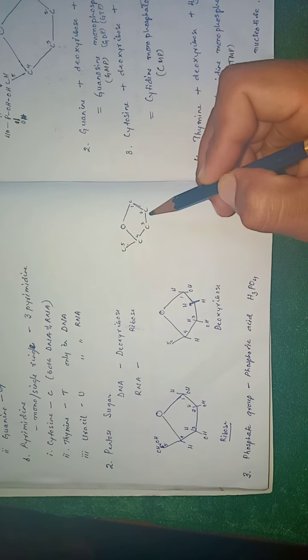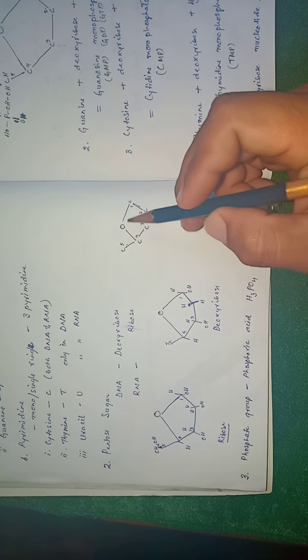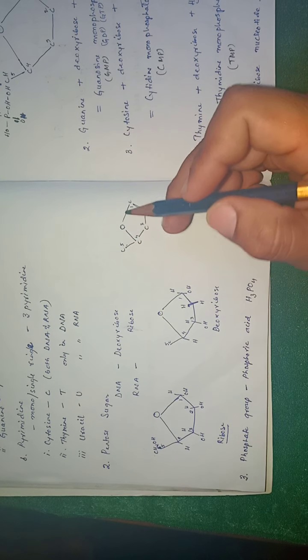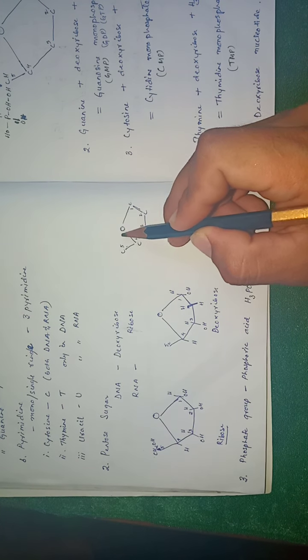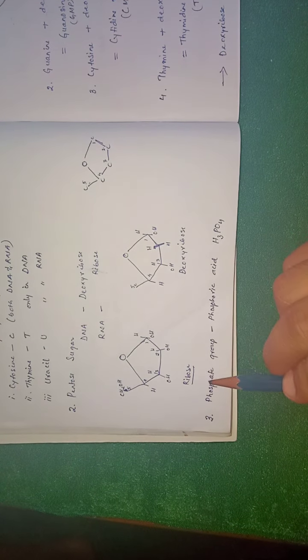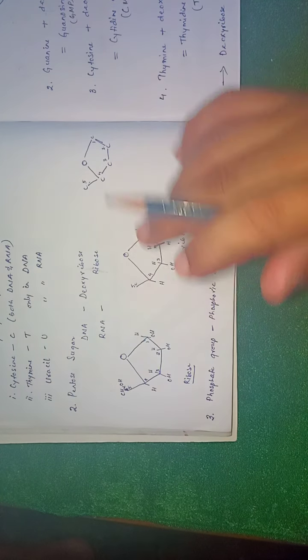So 1, 2, 3, 4, 5. This is the pentose sugar containing 5 carbon atoms, and at the top it has oxygen. Now if we look at the structure of ribose and deoxyribose, it's almost very similar.